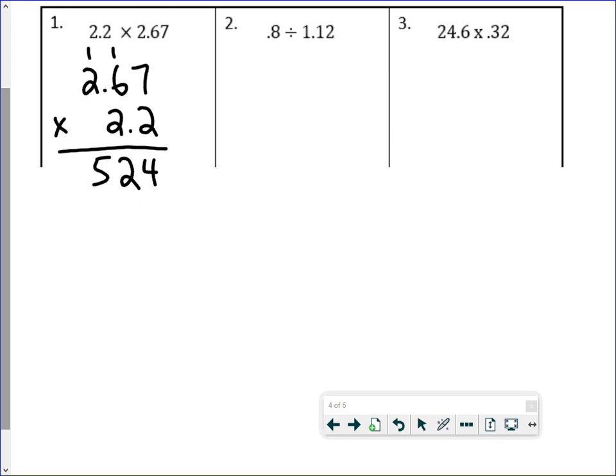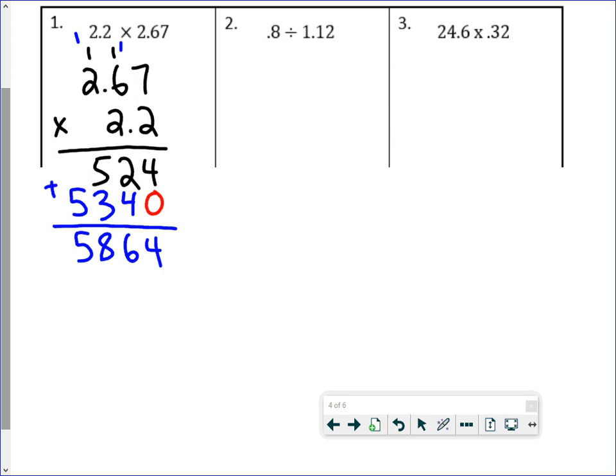I'm going to put my place value holder. Now we're in the 10's place, 1's place, it looks like. 2 times 7 is 14. 2 times 6 is 12. Plus 1 is 13. 2 times 2 is 4. Plus 1 is 5. And we have our final there after we add them up.